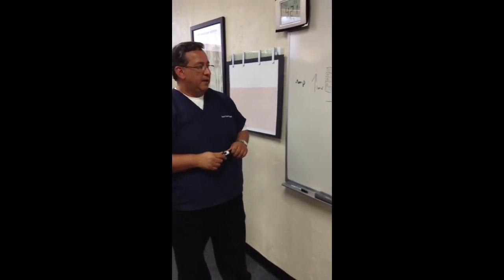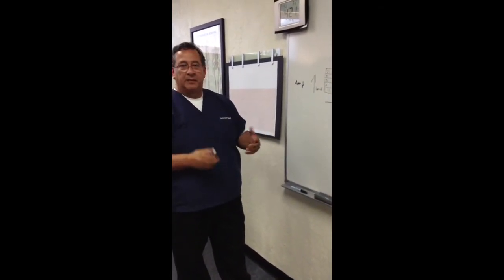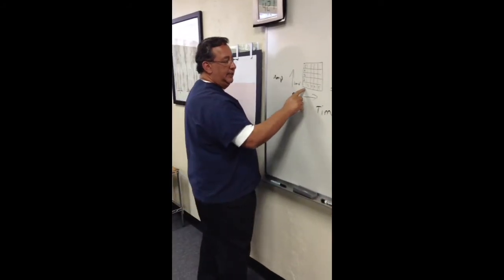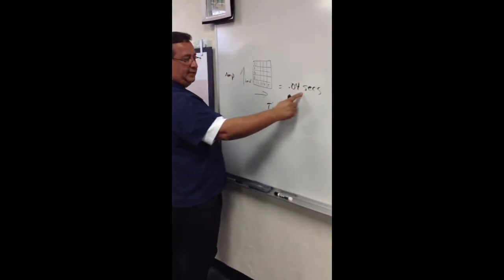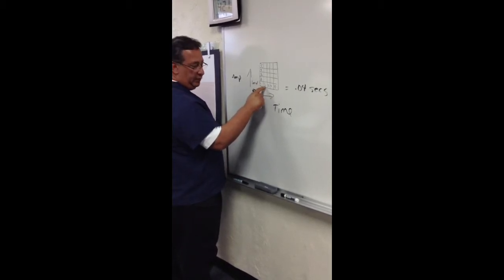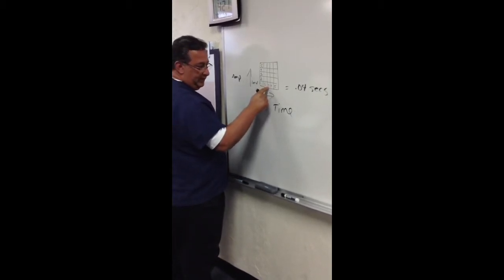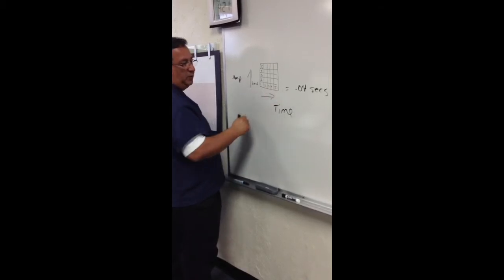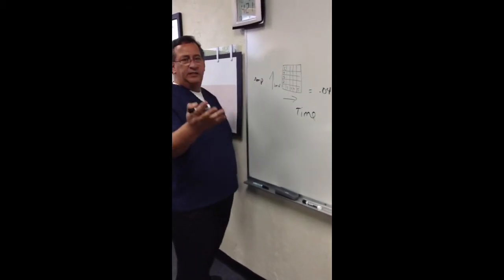I just want to kind of set that up. Let's do that again. Each little box is equal to 0.04 seconds. So you have 0.04 seconds in this little box, 0.04 seconds in this little box, 0.04 seconds in this one and this one. They all represent 0.04 seconds. Let's do some math.